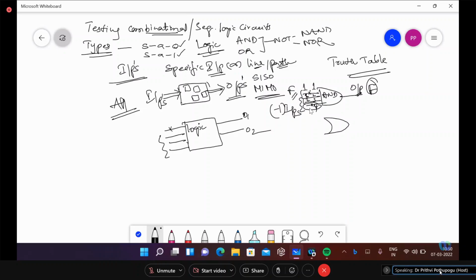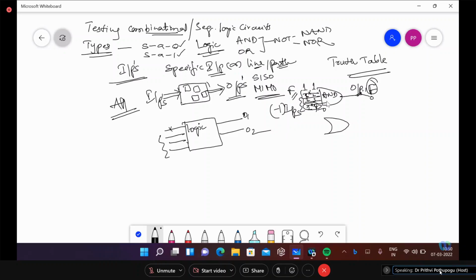If it is working properly, that means this segment is working properly. Whatever we are trying to define will be achieved here. So if you give this as 1, naturally all inputs are 1, and your output should be 1. Now, if there is a fault on this line, and this is going to 0 and it derives the output to be 0, it means that it is stuck at 0 fault.